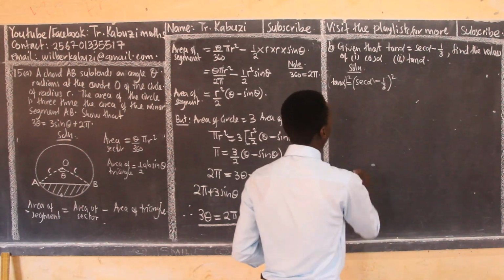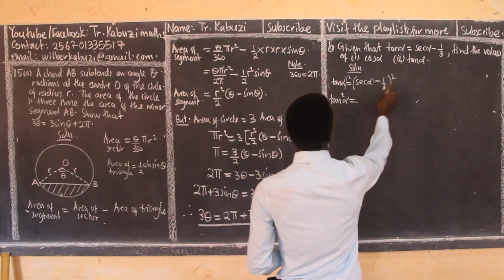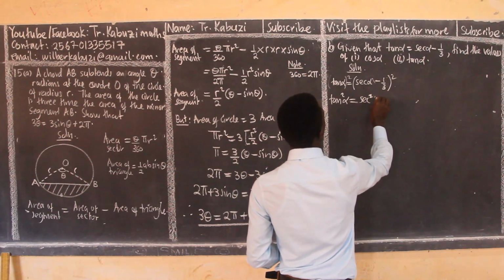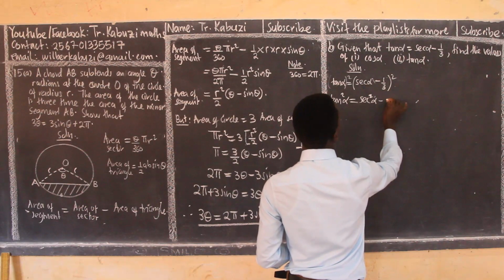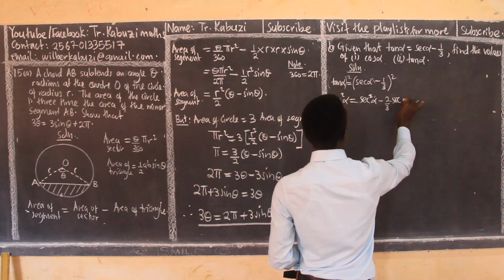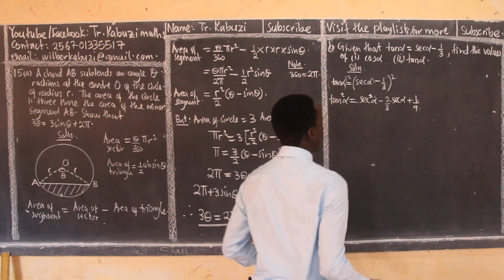After squaring, I'll get tan squared alpha. When we expand this, we get sec squared alpha minus this and this, then by 2 over 3 sec alpha, plus, when we square this, 1 over 9, in that order.